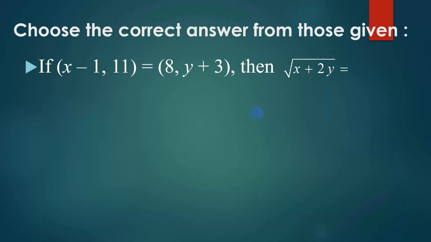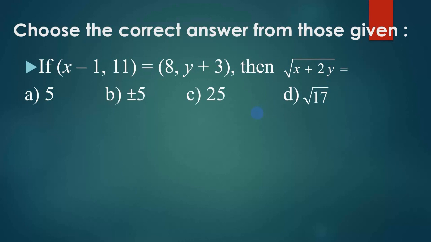Since Y equals 8, 2Y equals 2 times 8 equals 16. Then X plus 2Y equals 9 plus 16 equals 25. Then the value of root of X plus 2Y equals root of 25, which is 5, or positive or negative 5, or 25, or root 17.